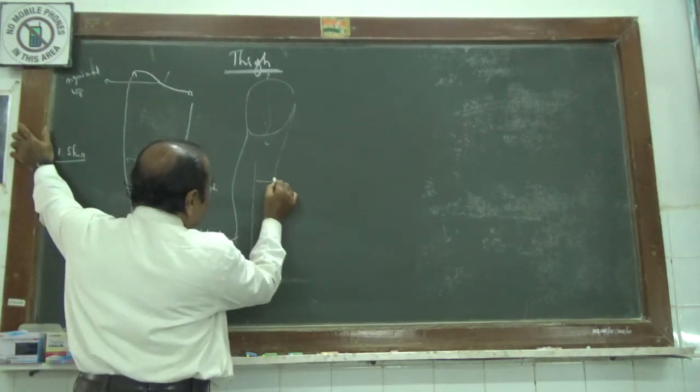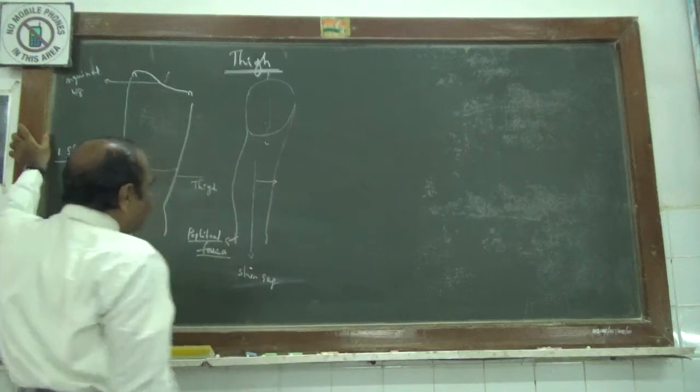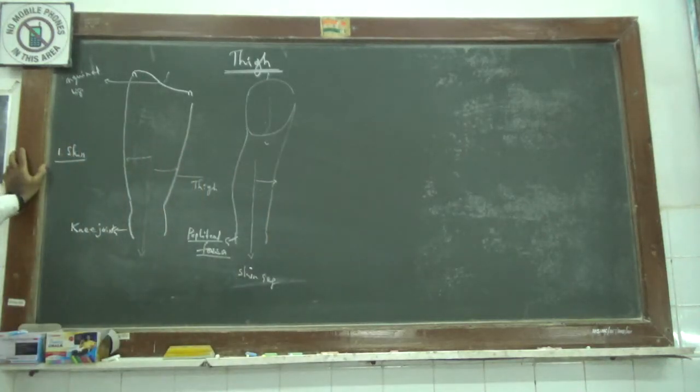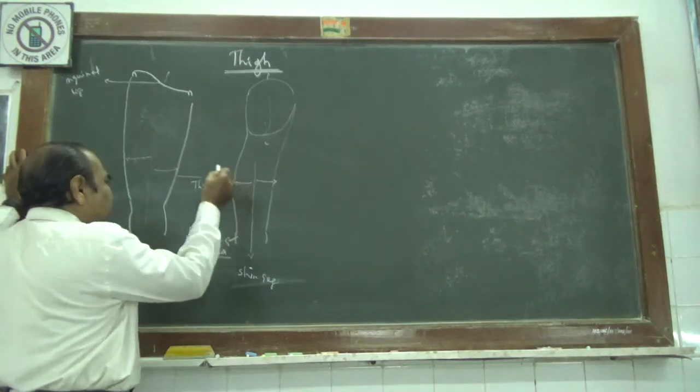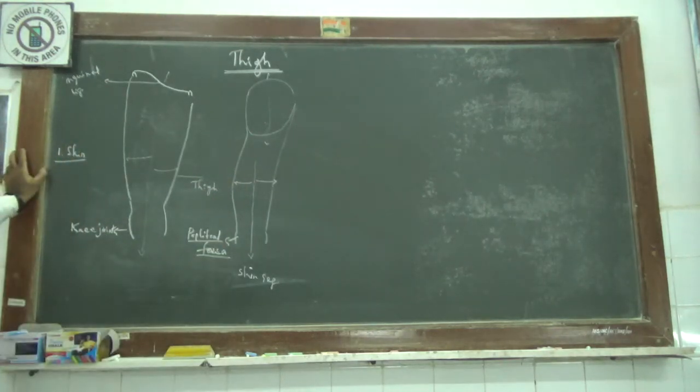As it runs medially, it joins the medial aspect of the skin of the thigh, which is coming from the front. As it runs laterally, it becomes the skin of the lateral aspect of the thigh.